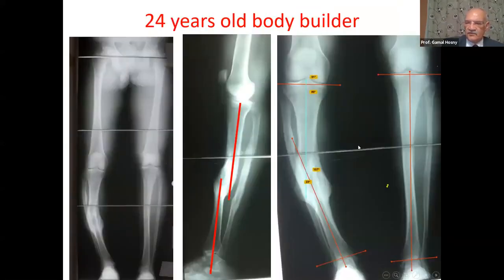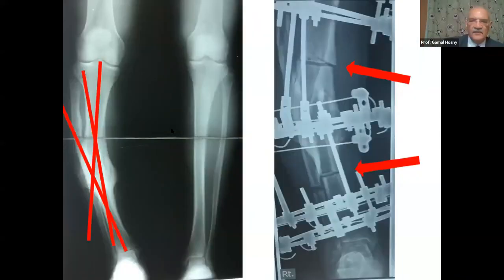So if you draw the axes, the proximal axis and the distal axis, and this is the normal side, and this is the lateral side. The guy is working as a bodybuilder. So we draw the mechanical axis of the proximal segment and the axis of the distal segment. You are going to meet outside the bone. So we draw the third line, the axis of the middle segment.